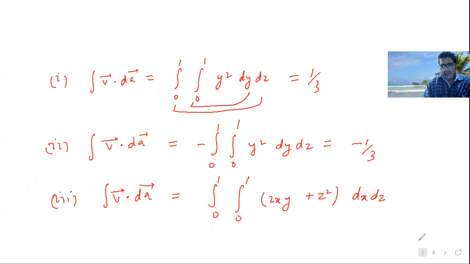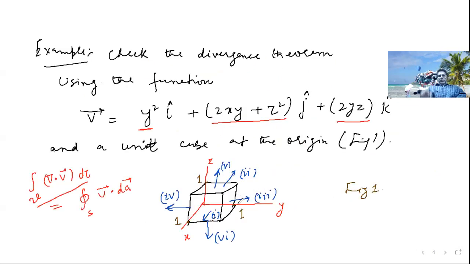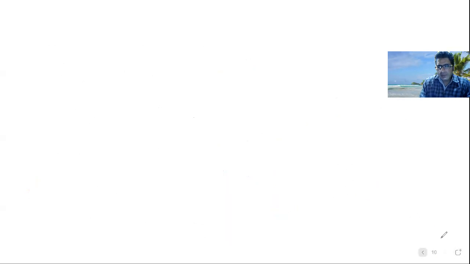Then this area element is pointing along positive y direction, that is plus j. So I have to dot it with the j component, the y component of the vector field, which is 2xy plus z square.